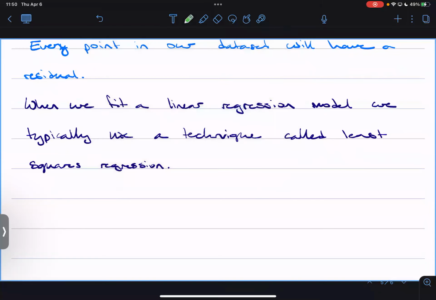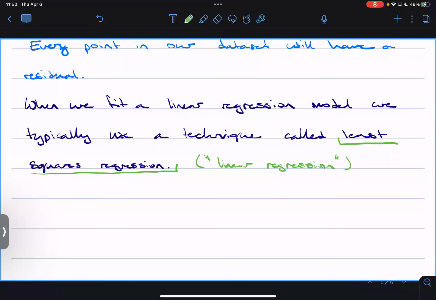Least squares regression is just linear regression, if you prefer to call it that, but technically it's least squares regression.